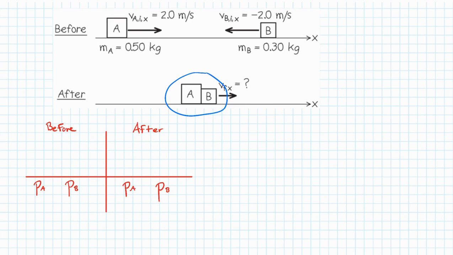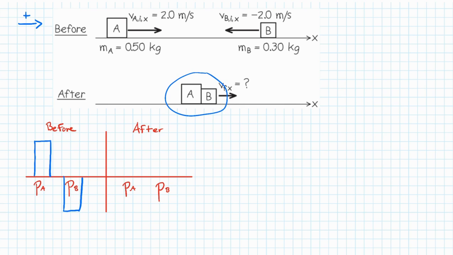So I'm going to do a bar chart. I'm going to start with making a note that to the right is positive. So that means A is going to start with a positive momentum. Again, I'm not going to worry about how big these need to be. And B is going to start with a negative momentum.